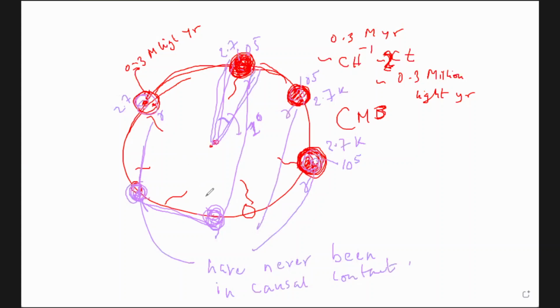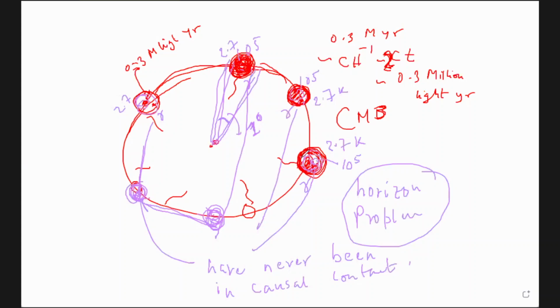So now the question comes, how do this photon and this photon know that they all have to be 2.7 Kelvin? This is called the horizon problem of cosmology. All of them are at the same temperature, but they are not inside their horizon, so they didn't get time to interact. Now the solution to this comes.